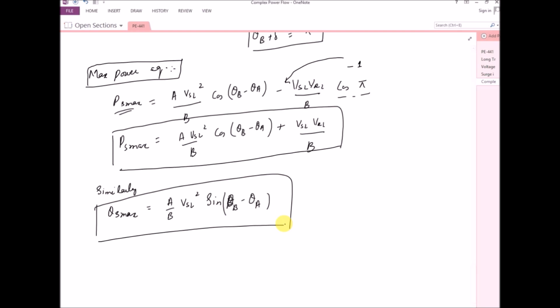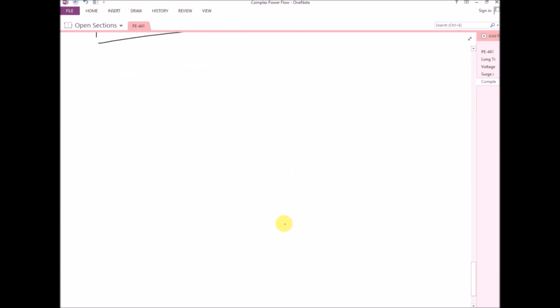These are the equations that we can apply to any transmission line if we know their constants. To give you a simple explanation, I will be applying these two equations to the short transmission line, so I will consider the short transmission line circuit.